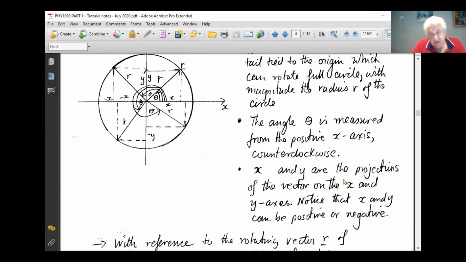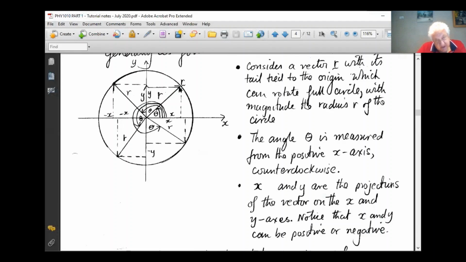X and y are the projections of the vector on the x and y axes, and notice that x and y can be positive or negative. As you can see, you project r onto the x-axis, so here we have x. This is in the positive direction, so x is positive. Projection onto the y-axis is y, from here to here. Again, this is on the positive y-axis, so this is positive.